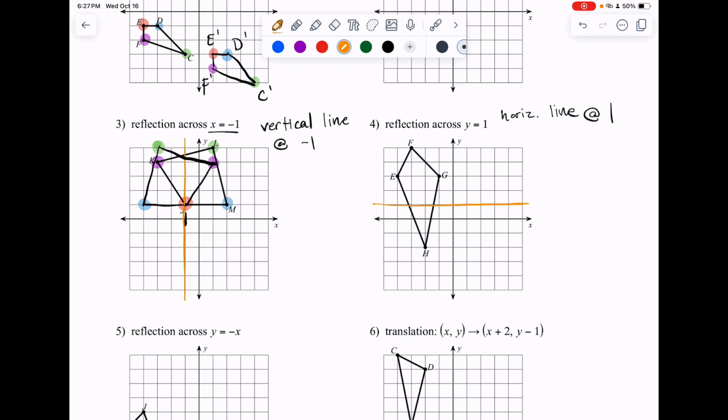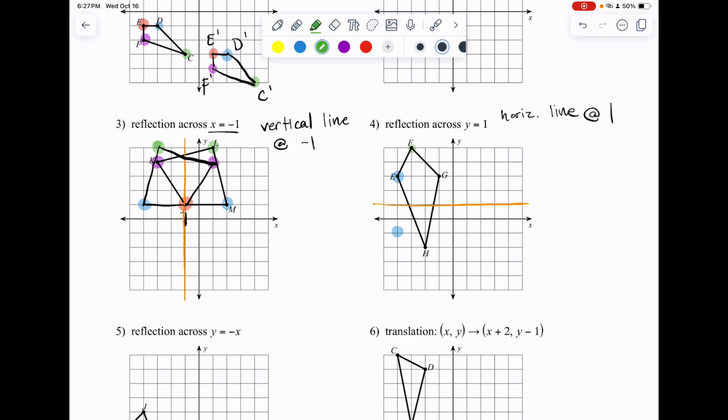There we go. So I'm going to go across that orange line. So I'm going to color in each of these dots one at a time. Let's start with E. So I noticed that it's 2 units above the line, so it's going to go 2 units below the line down here.